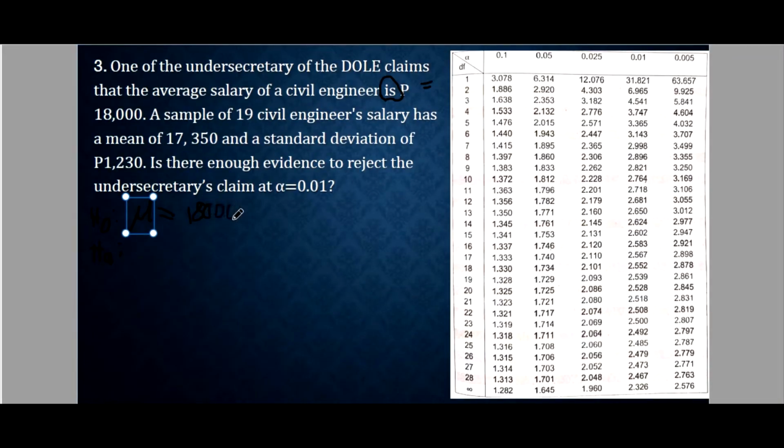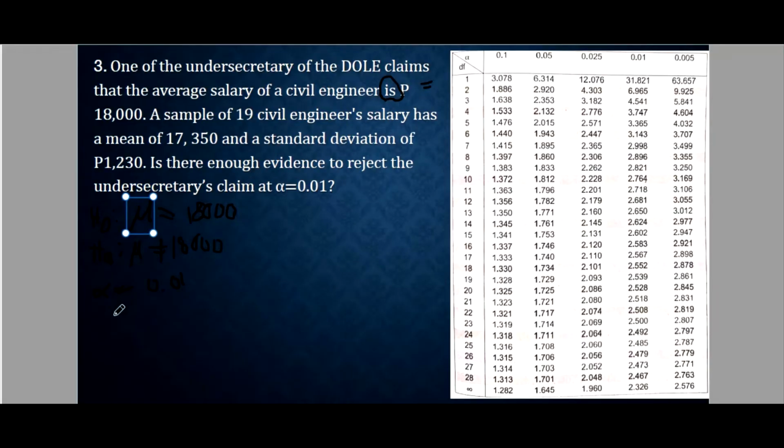Thus, our alternative hypothesis is the complete opposite. If that's equal, then we'll use not equal. That is, the average salary of a civil engineer is not equal to 18,000. Next is the alpha. Alpha is always given. We have 0.01.